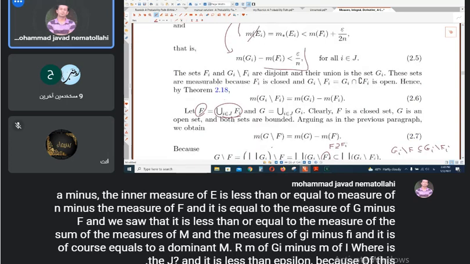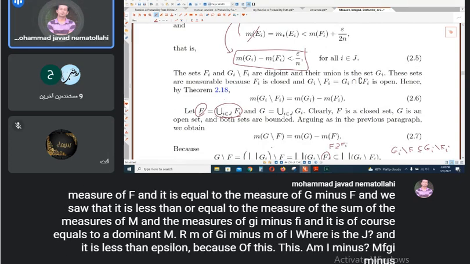Because of this, m of Gi minus m of Fi is less than epsilon over N.